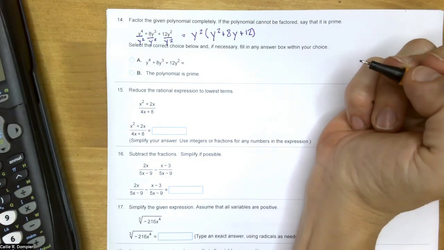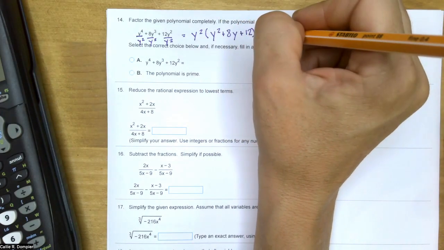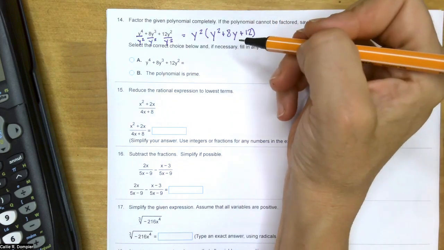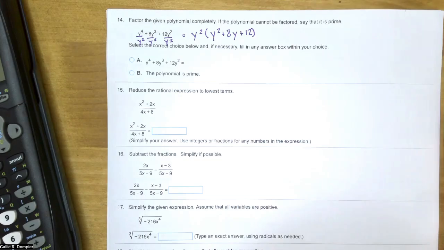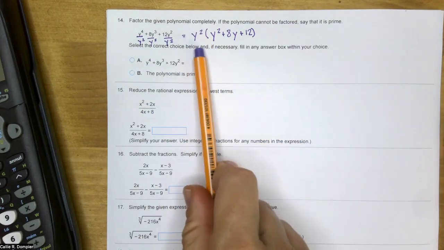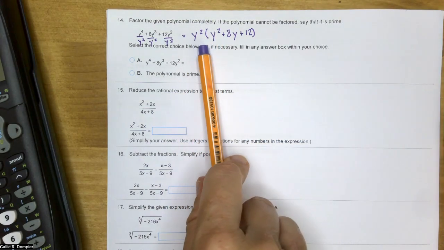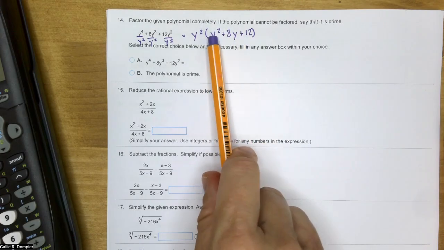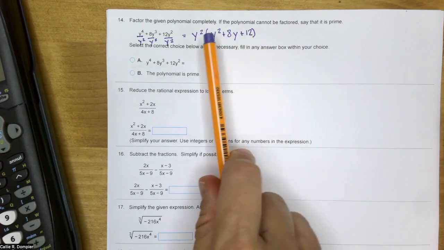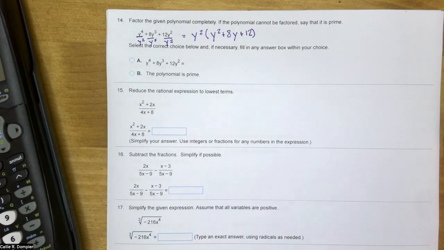Good? All right, that's not factored completely because we still need to check that y squared plus 8y plus 12 can't be further factored. We saw another one of these where we just factored out the greatest common term, but that one had an x here and a y here. Now that we have all the same term, the same variable, we can continue factoring.